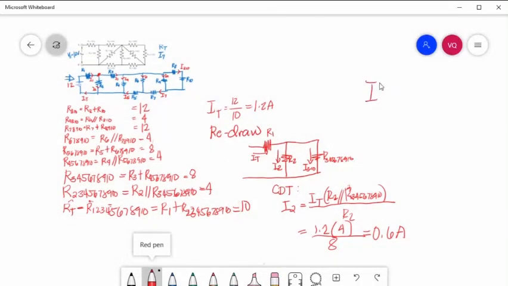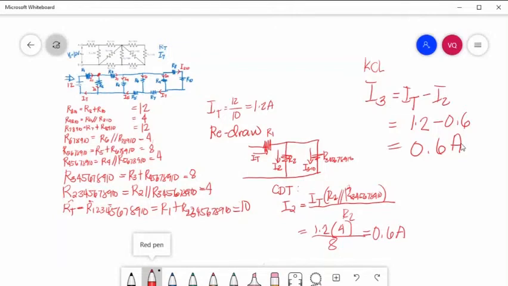So I3 is equal to, by KCL, IT minus I2. So 1.2 minus 0.6 equal to 0.6 amperes.